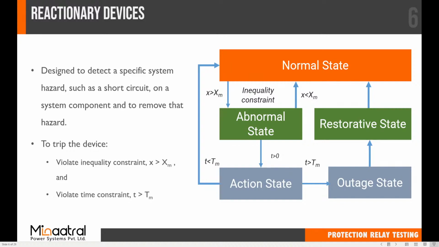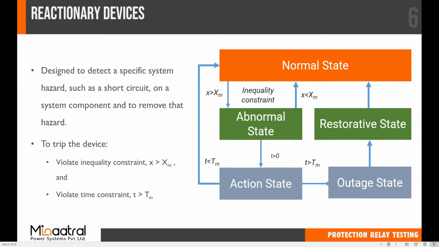So people decided to use this parameter, that is the current measured, and they just check two constraints. So first constraint is inequality. Is my current above a certain limit? Yes. Then it becomes an abnormal state, right? So it's not a normal condition because I know that my current is above a certain value.